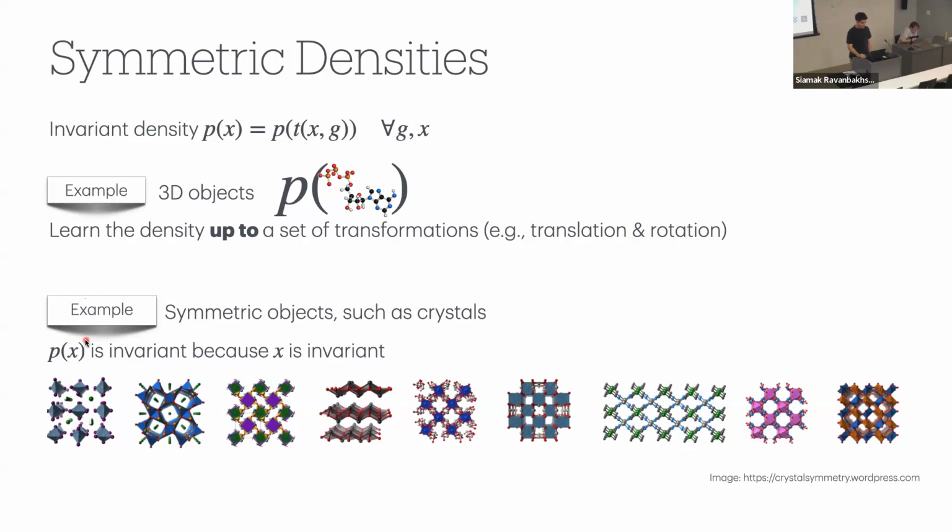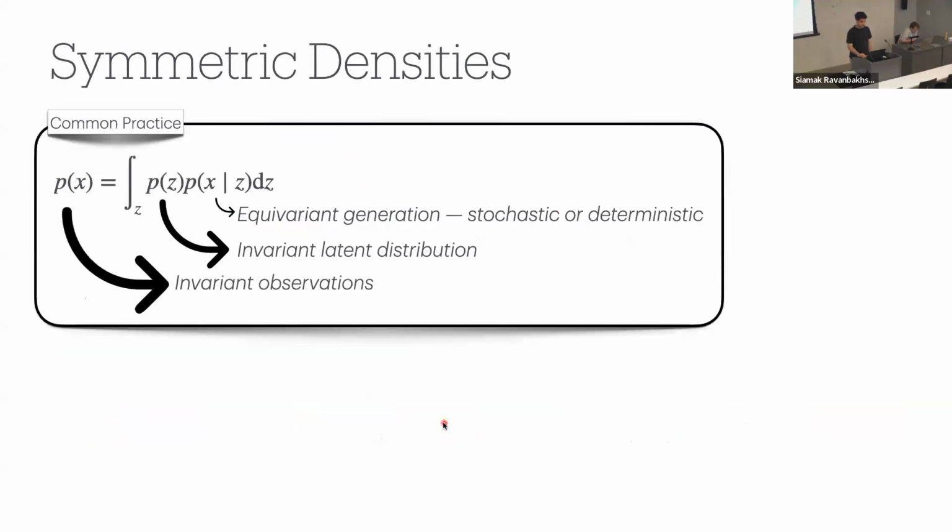So the question is, how do we learn to generate samples from these symmetric densities? You want to learn to generate new crystals, or new molecules, but in this case, you don't care about these transformations, and in this case, the object is symmetric. So the usual way to do this is the following. This is a common practice.